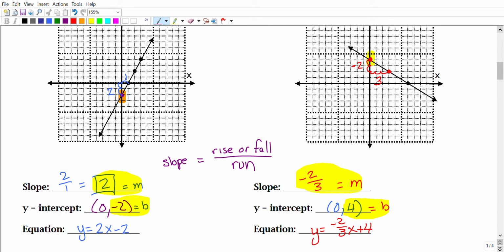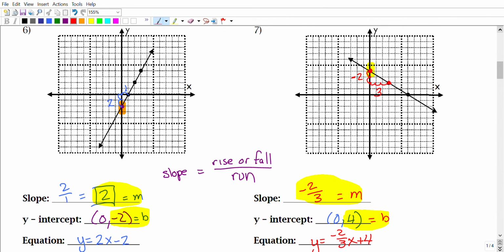On number 6, our slope was positive, which means that it should be rising or going up as the graph increases to the right, which it does. As it's going to the right, it's going up. For number 7, however, it's a negative slope, so as it's going to the right, it's actually falling, it's dropping, it's going down.